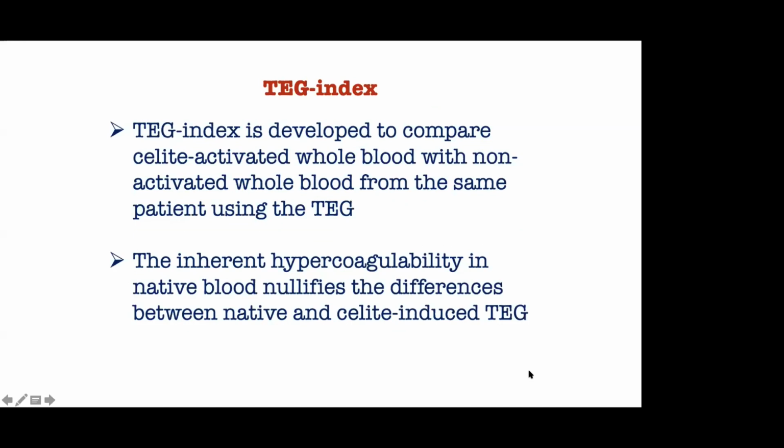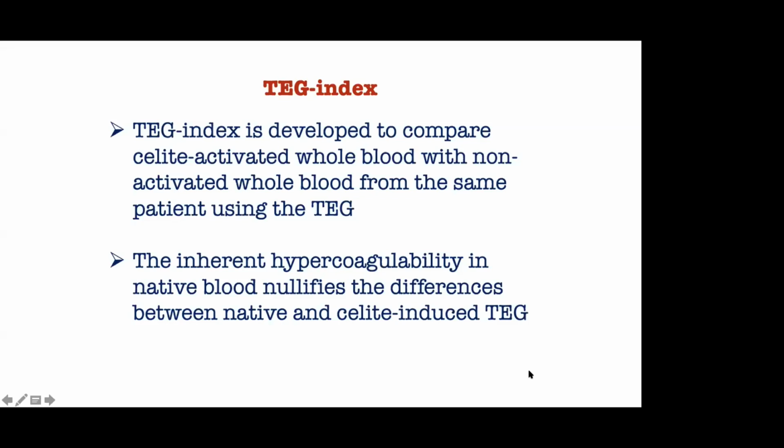In onco surgery, it is seen that patients are usually hypercoagulable. So we don't know whether, if we are using celite, this hypercoagulability is because of the celite or because of the natural happening of the system in the patient.